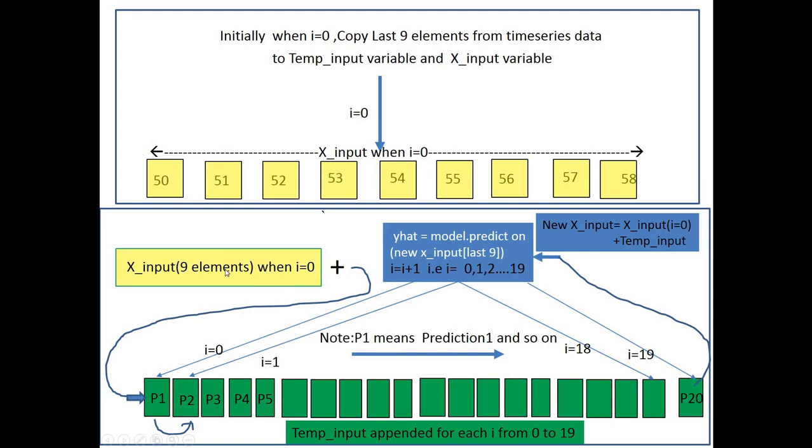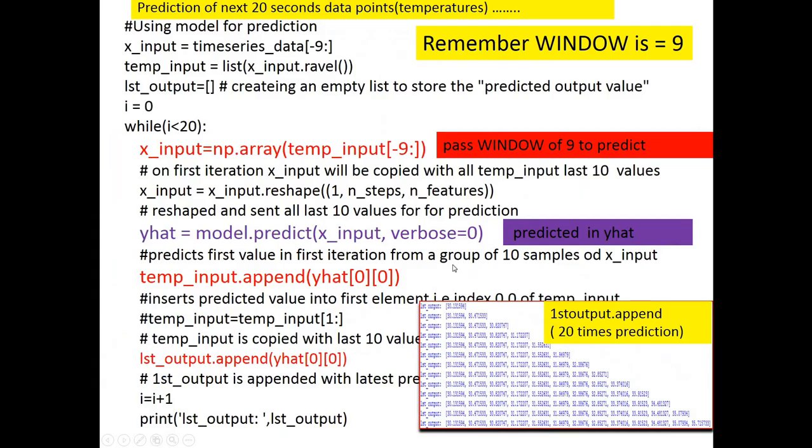Initially only this will be there, i is equal to 0, it predicts and puts P1. Next time one more comes, P2. So for the last 9 data, some data from the beginning of x_input will be omitted when it is passed into the model prediction. So it predicts on the latest data. It goes on predicting 20 times. That is what this program does.